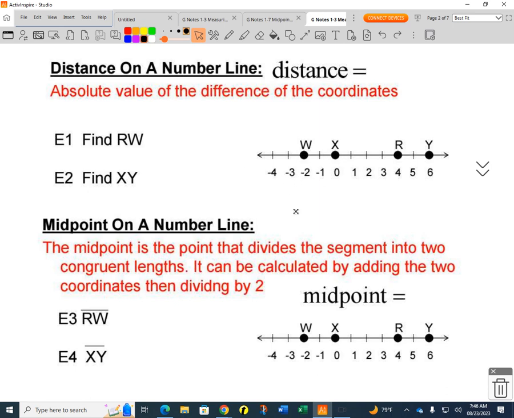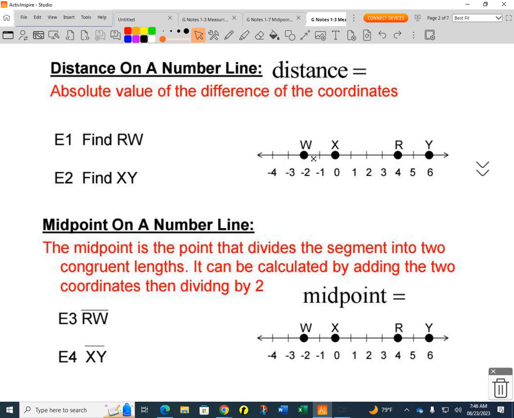But let's say we had a number line, and so we will call this the coordinates of point W here, -2. On a number line, we do have coordinates, just like we have coordinates on a coordinate plane. So this is point W, its coordinate is -2 on the number line. It doesn't have 2 coordinates, because there's only left or right or up. You can turn this up on its end as well.